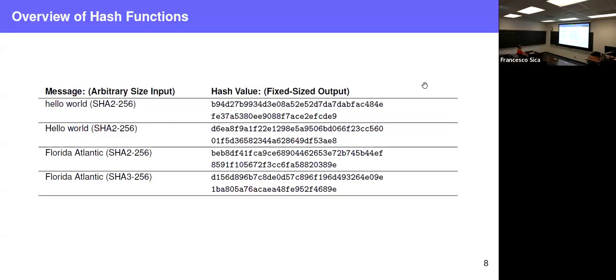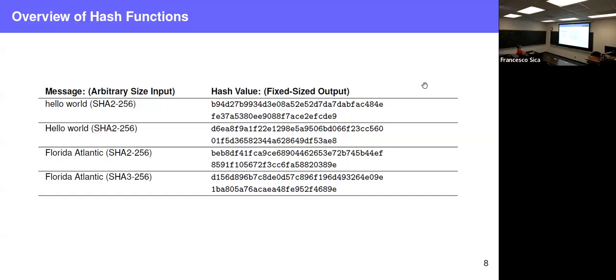As you can see here in this table, we create the hash of hello world with SHA-256, and then change the first character to uppercase. As you can see, the hash value is completely changed.